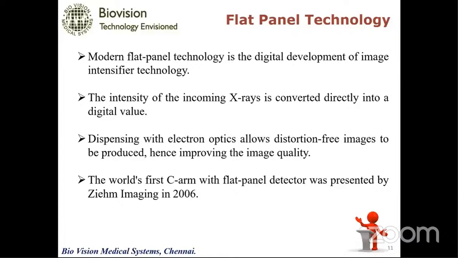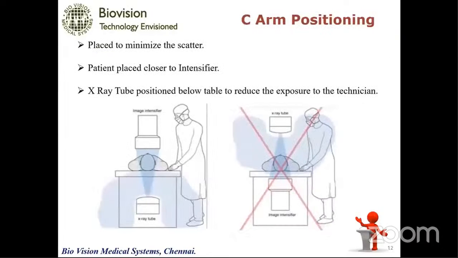The intensity of the incoming X-rays is converted into a digital value by these photo detectors and given to the digital processing system. This digital system was first implemented in 2006. From 1955 to 2006, it took almost 50 years to overcome the distortions occurring in the analog technology.